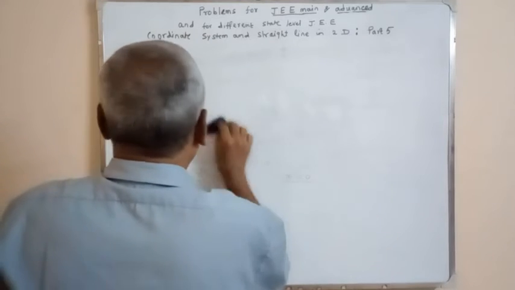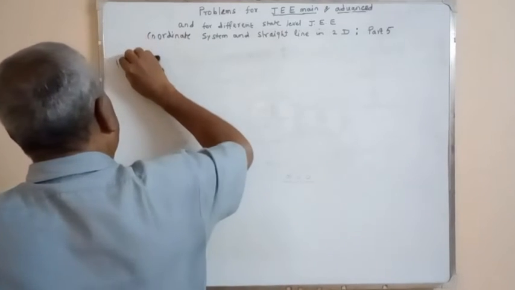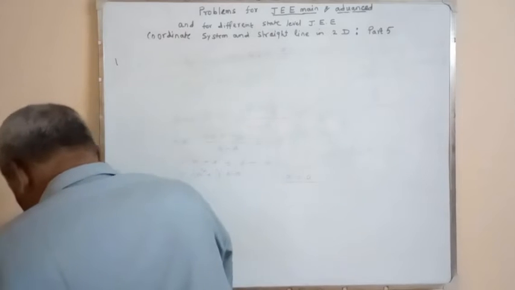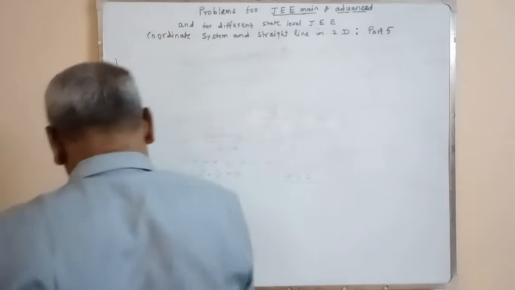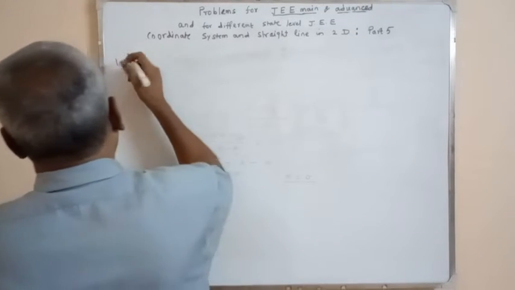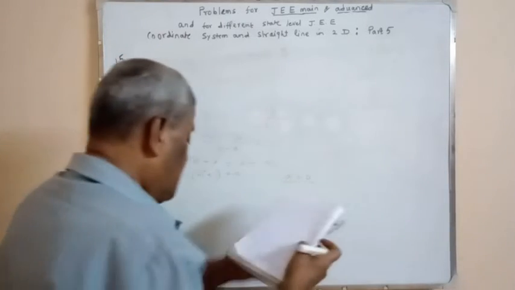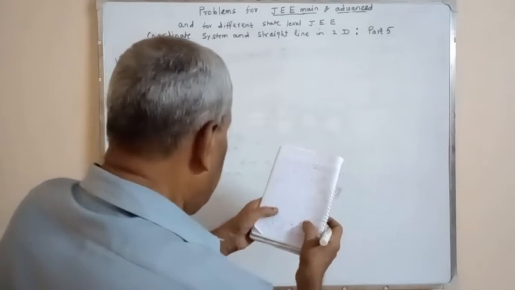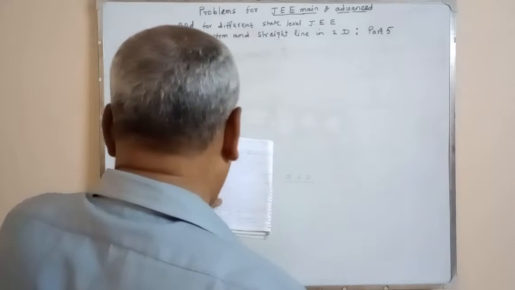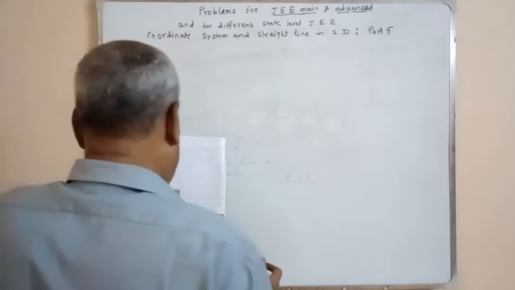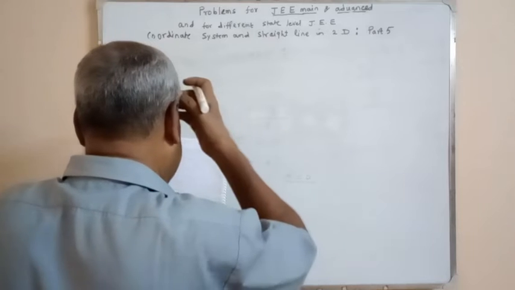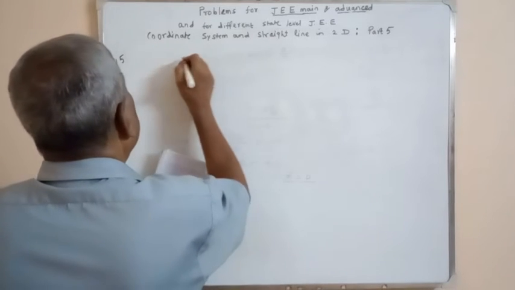Next, problem number 15. This problem: the foot of perpendicular from the origin to a straight line is 3 comma minus 4.